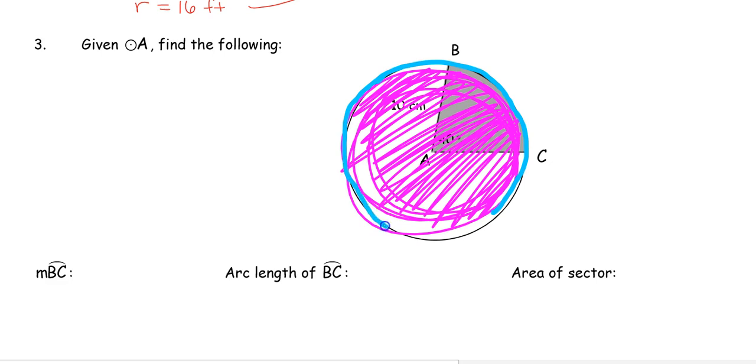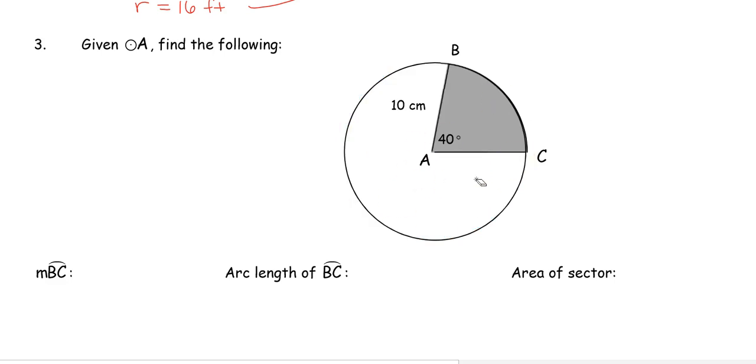I want to find just what's around it, not what's inside of it. So the area is everything inside, the circumference is everything around. We need to know that when it comes to arc length and sector area.